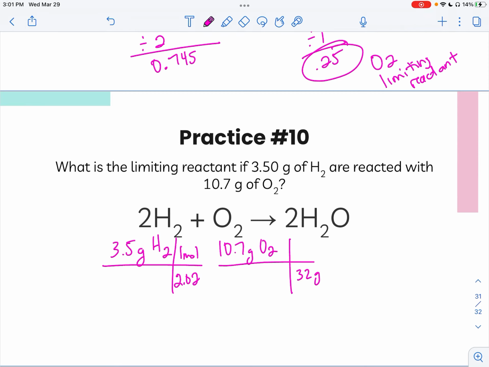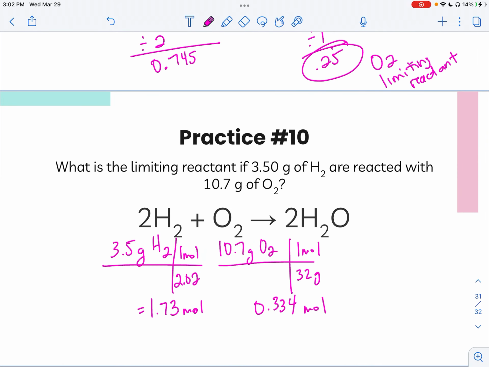And again, I'm using the molar mass of H2. And then I'm going to use the molar mass of O2.